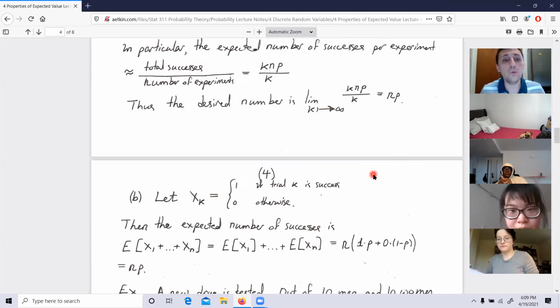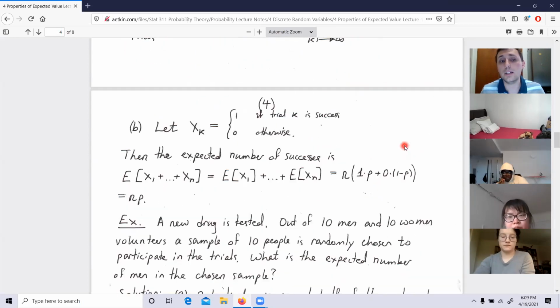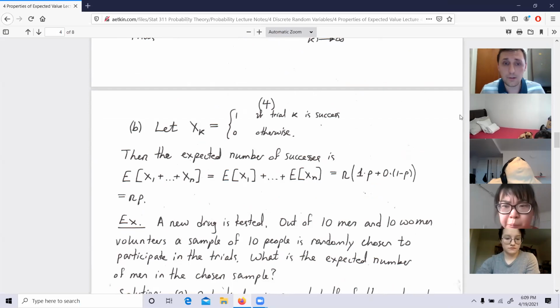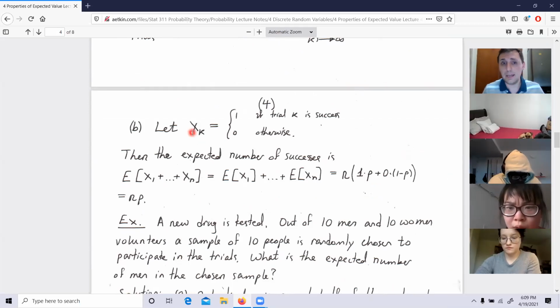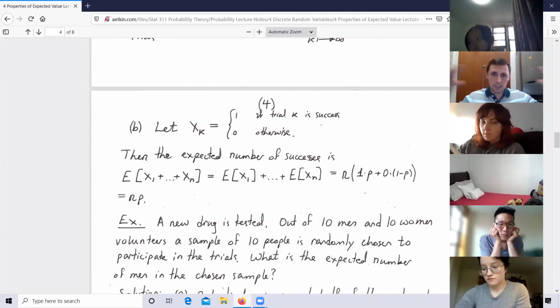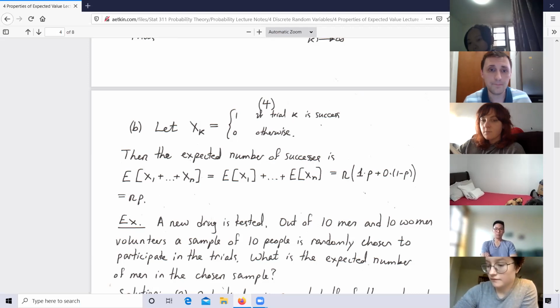Yes. Now we can verify that using expected value of sum equal to sum of expected values in procedure B. I can label xk to be equal to 1 if kth trial is successful and 0 otherwise. You see what happens? So I have a string, and how many total successes I have is each trial either produces 1 for success or 0 for failure. And I just add up over all the ones and zeros, and I get total number of successes per game. You understand?